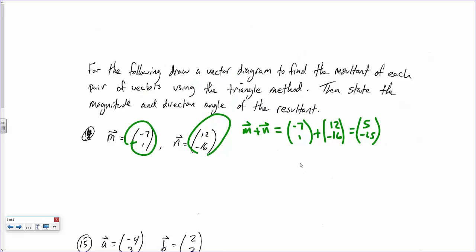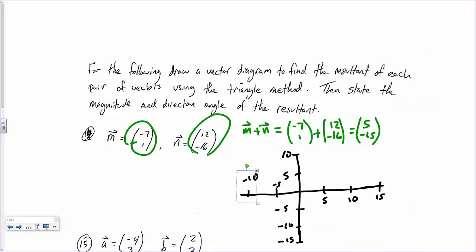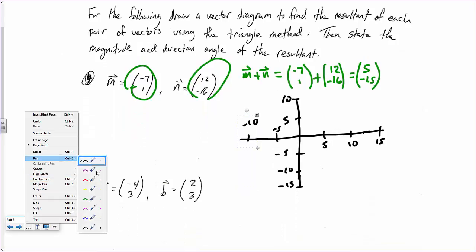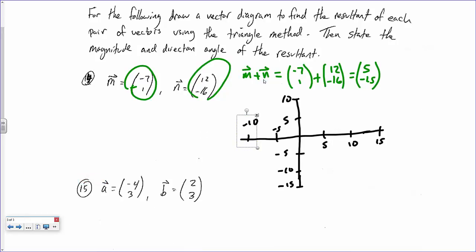So what I want to do is draw a graph over here. Make it kind of sizable, about thereabouts, okay? We're just going to do a sketch here. This one's got big numbers with it, so it's going to be a little tricky, but not so bad. All right, if I'm graphing this, I'm going to first graph m. M is negative 7, 1 from the origin. So I'm going to go negative 7 to the left, which is about right here, and go up 1.